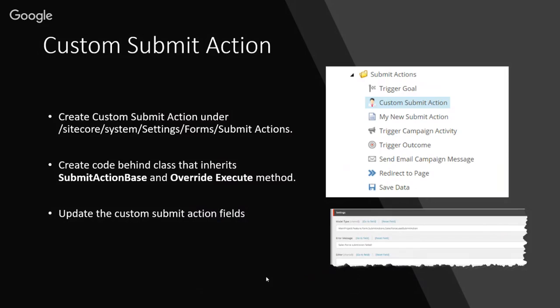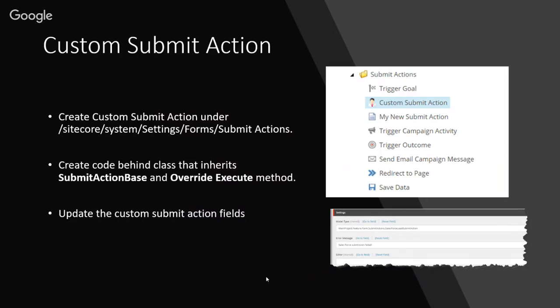So for the custom submit action, you need only simple three steps. One is go inside the system, Sitecore system settings, form, submit actions, and create your submit action. Once you create the submit action, go into Visual Studio, create a class file, make sure it inherits from the submit action base, and you override the execute method.